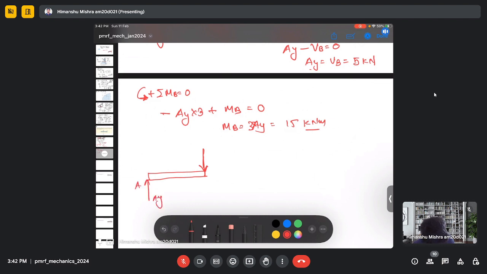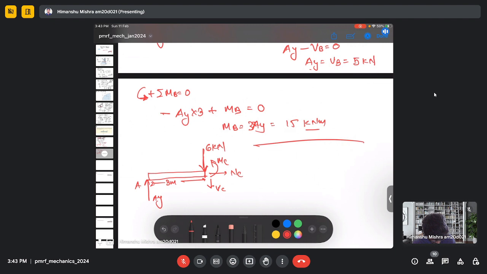This is my Ay, and let's say this is the force VC, and there is a moment MC, and this is 6 kilonewton, and this is 3 meter. So now we take account of this force. We just move a little ahead. We are not changing much in the horizontal direction.